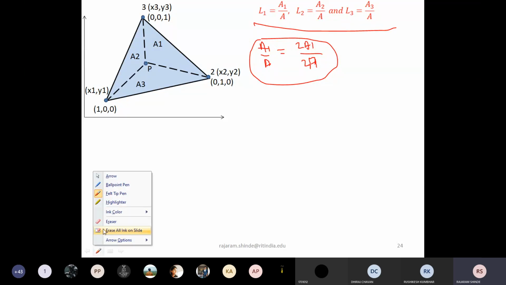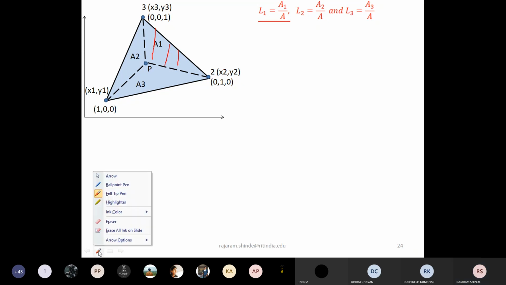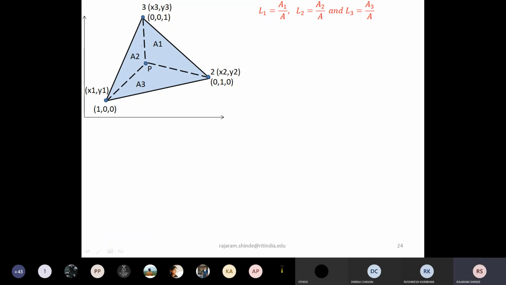Now I will calculate this L1. For calculation of L1, I have to calculate A1. A1 is this area, the area of triangle P23, or 3P2.